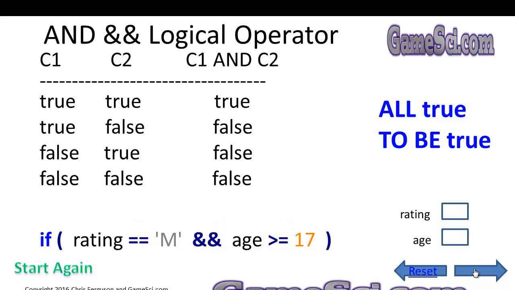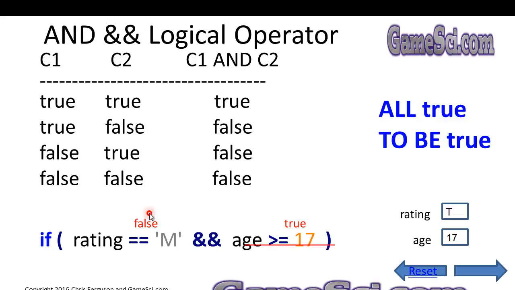Let's start this over again. Let's give different values to rating and to age, and see what happens. We've got a new value for the variable rating, so that's a T. T equal to M is a false statement. So the left side of this AND is going to be false. The right side, 17 greater than or equal to 17, is still a true statement.